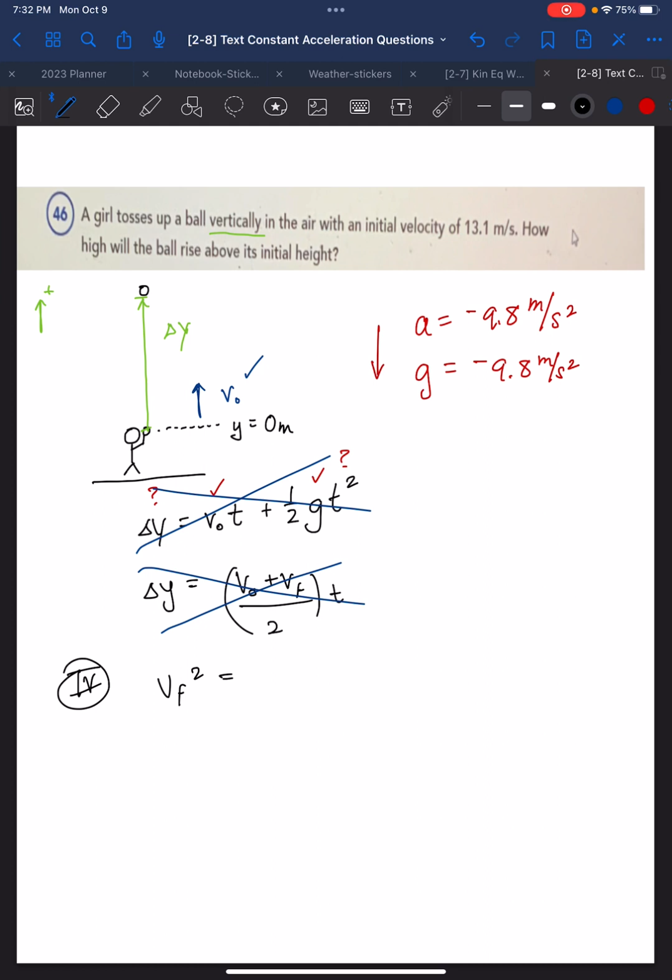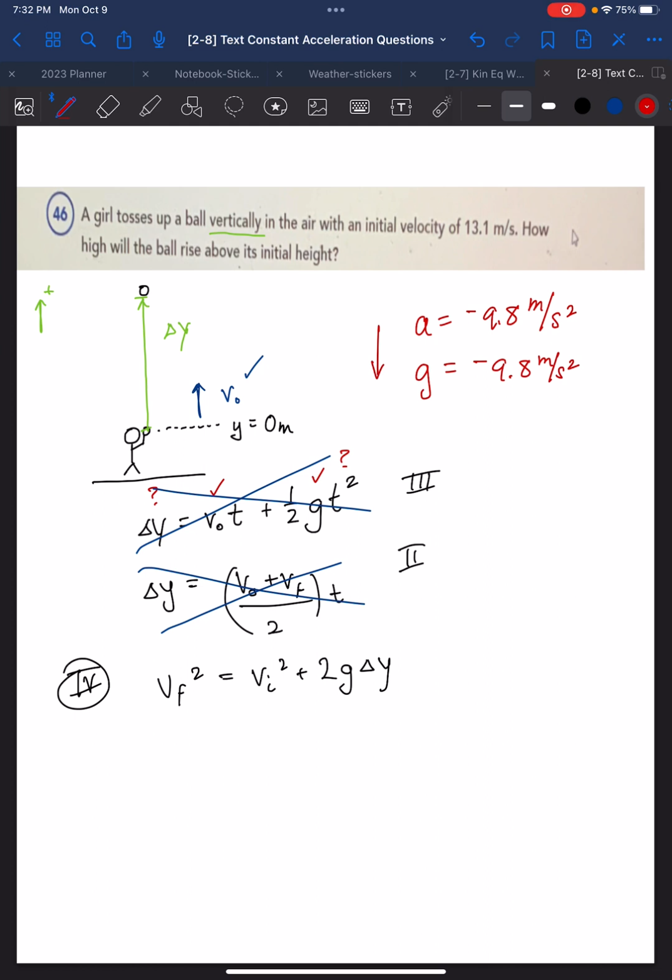Velocity final squared equals velocity initial squared plus 2 acceleration times delta y. I didn't want to do it. But we saw how equation number 3 and equation number 2 didn't work. And I think that this is most promising as well.